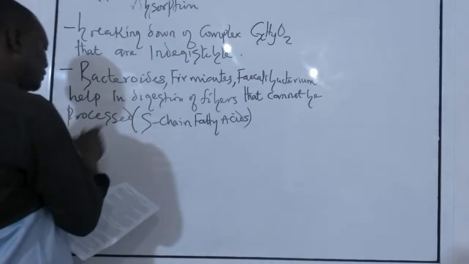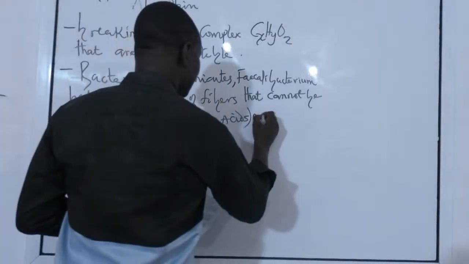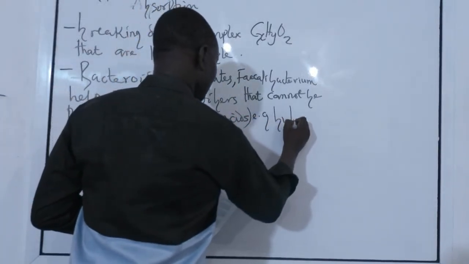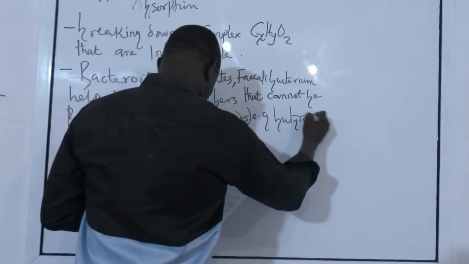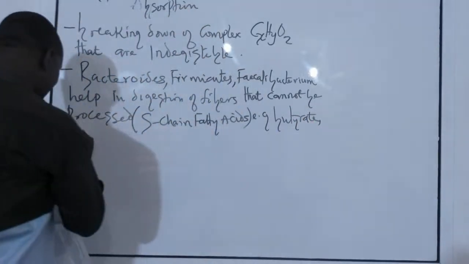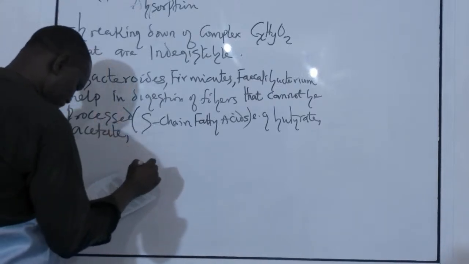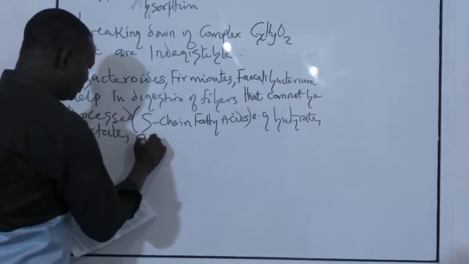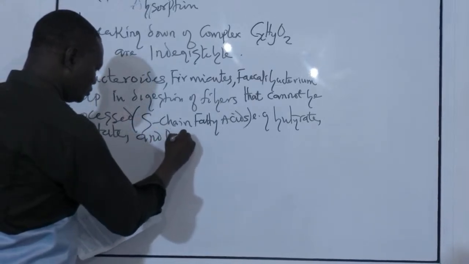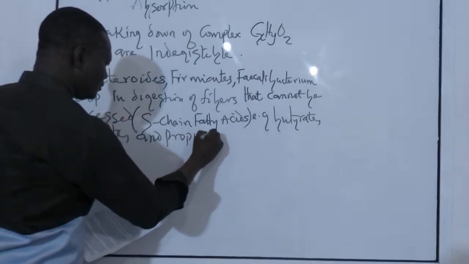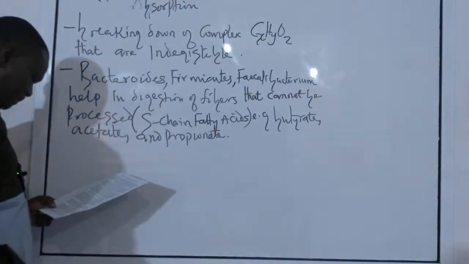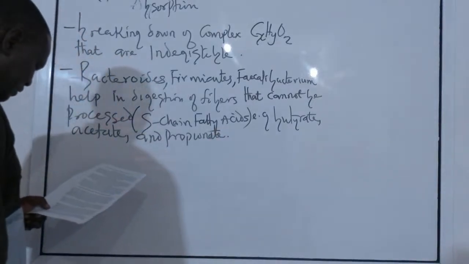Especially, they break them down into short chain fatty acids such as butyrate, acetate, and propionate.